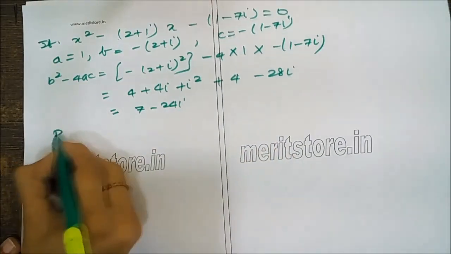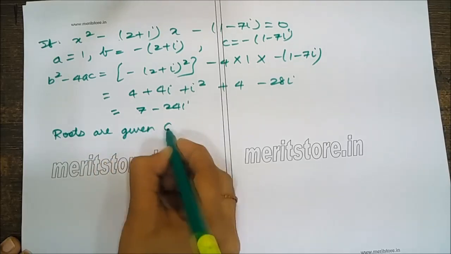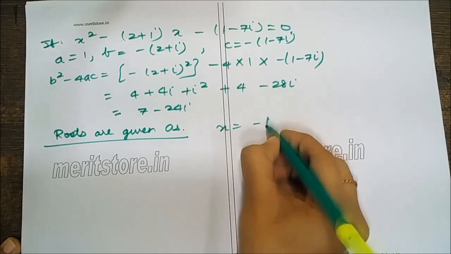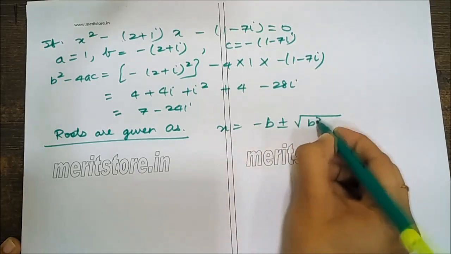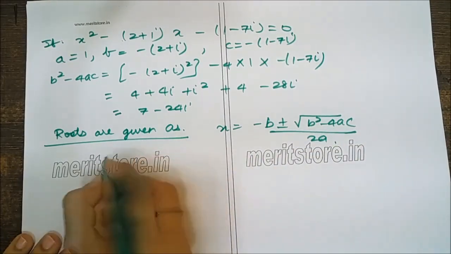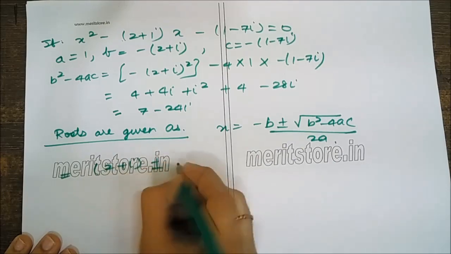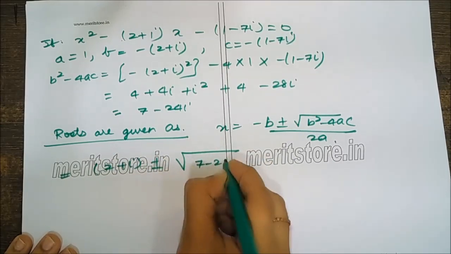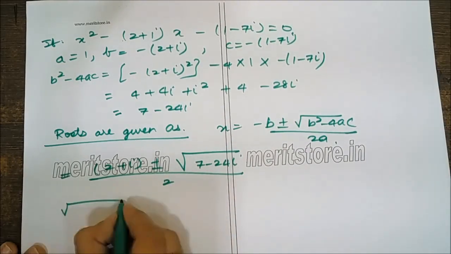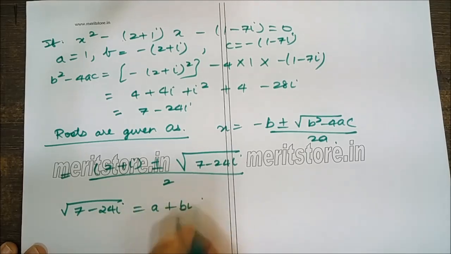So roots are given as x is equal to minus b plus or minus root of b square minus 4ac upon 2a. So 2 plus i plus or minus root of 7 plus 24i upon 2. Let root of 7 plus 24i be equal to a plus bi.